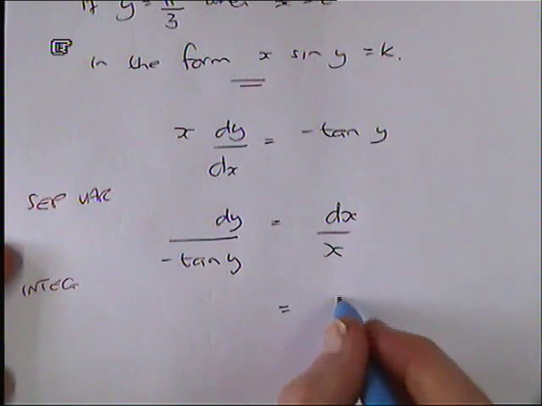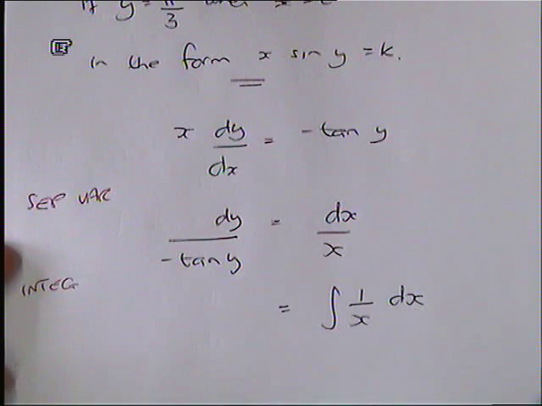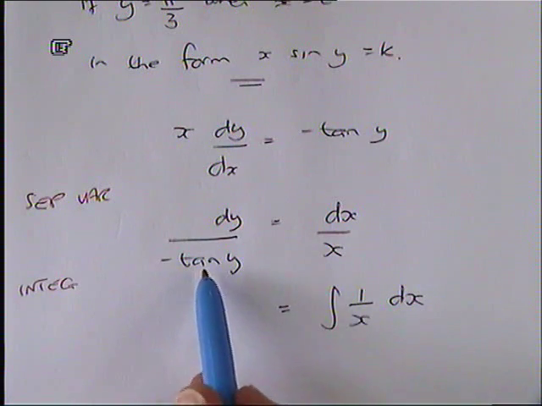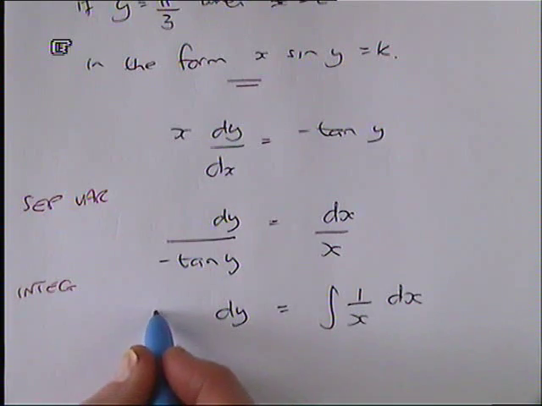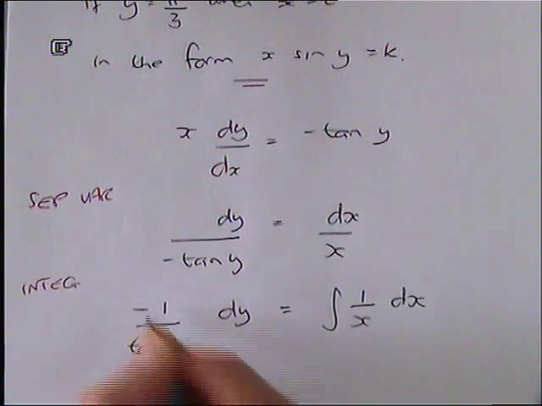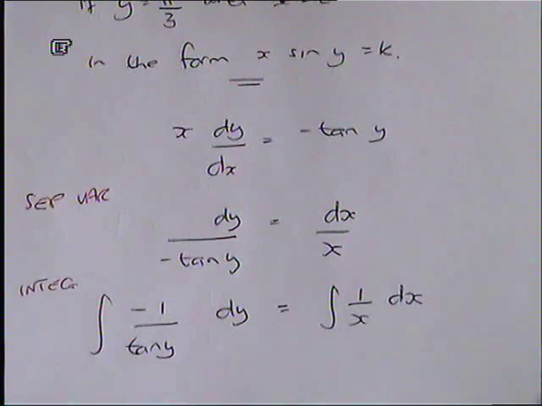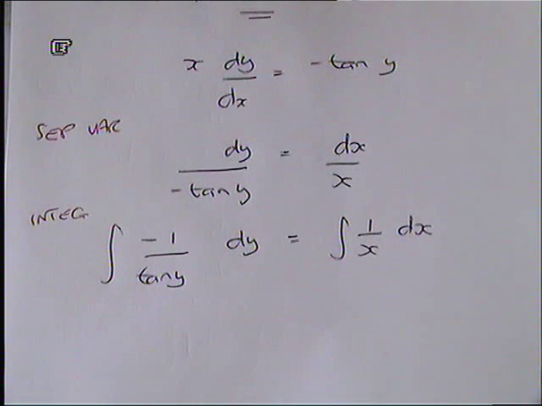Right, let's just see, can we tidy this up over here? First of all, on the right, it might be easier to write that as 1 over x dx. Now, over here, I'm going to put my dy there. I've got over here 1 over tan y, and I've got a minus sign, and I'm integrating that. Can you integrate 1 over tan easily?